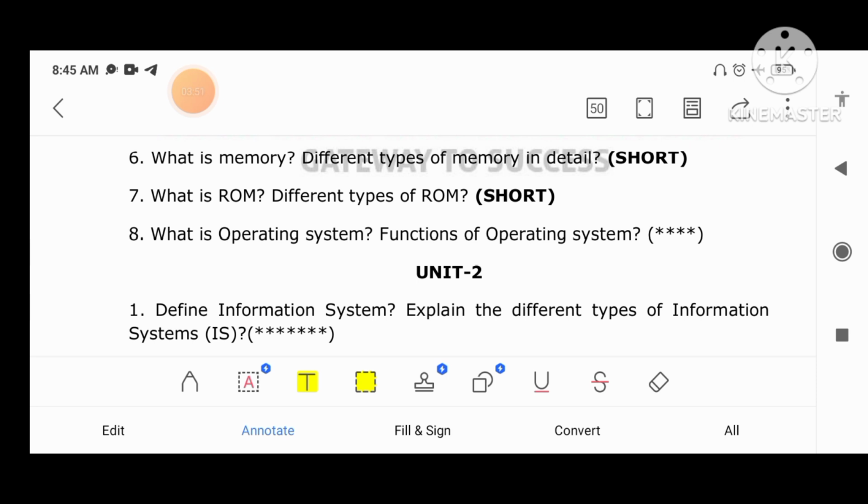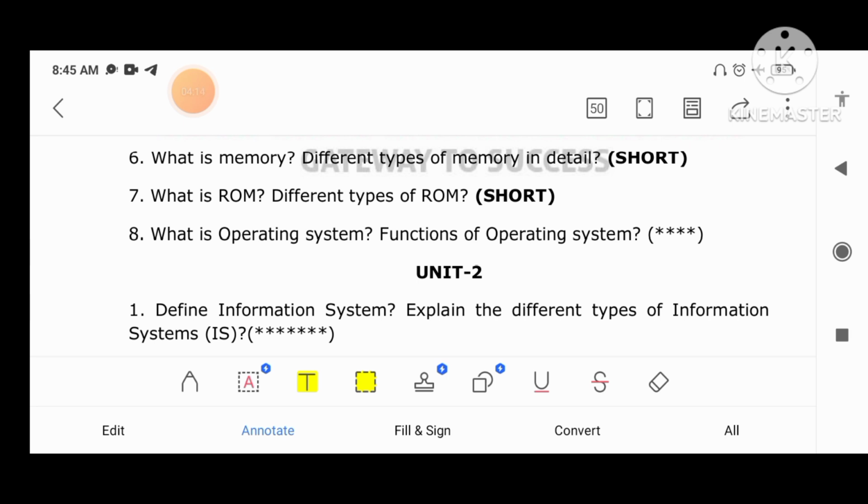Whatever operations and activities they perform day to day has to be stored in the database. Why are they storing it? Because in future, if they want to access any information, they can compare past data with present data, so that the managers can take decisions in the organization. For that reason, they need information system.